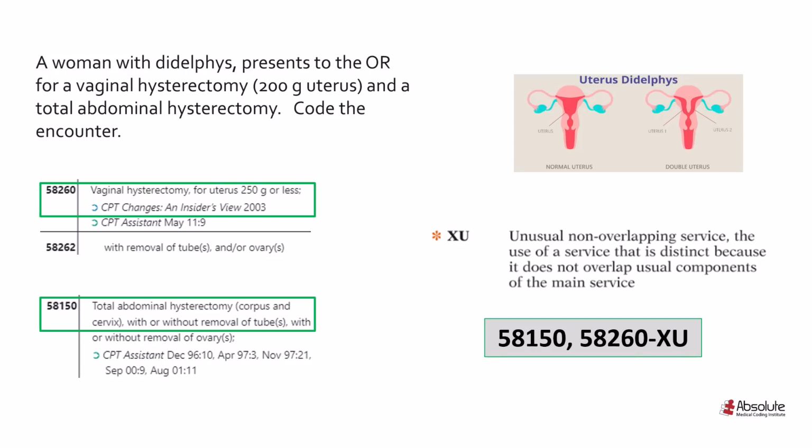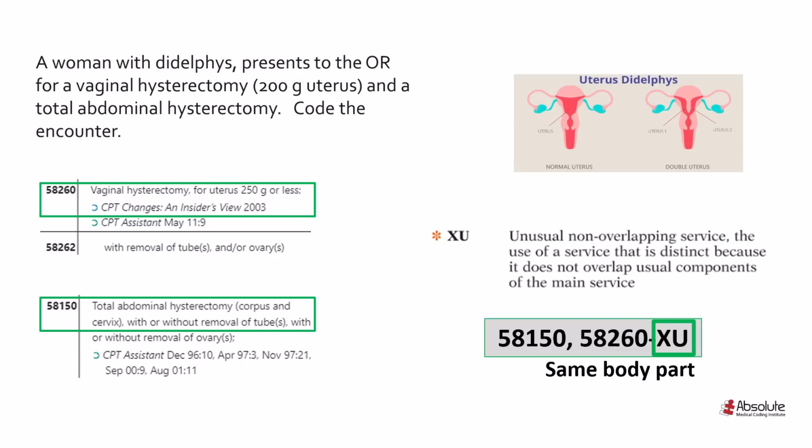You would sequence first your total abdominal hysterectomy, second, your vaginal hysterectomy for that 200-gram uterus, and you would append modifier XU. And this is the same body part. Yeah. But you would not use that 51 modifier. If you did, you would not get paid.